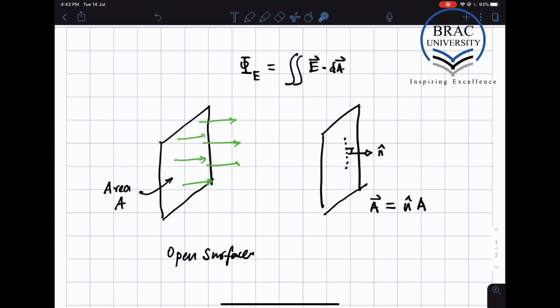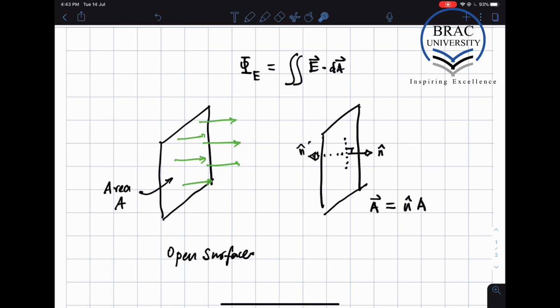With this open surface, we could have drawn a different normal in the opposite direction. So if we had taken this other normal, say n hat prime, then the area vector would be minus of what we have defined here.